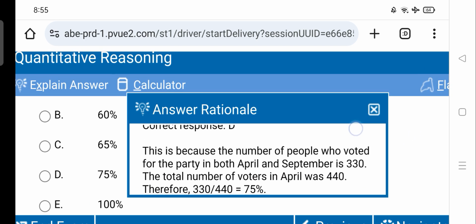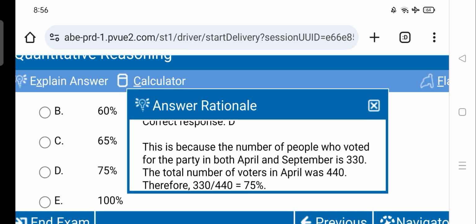This is because the number of people who voted for the party in both April and September is 330. The total number of voters in April was 440. Therefore, 330 divided by 440 equals 75%.